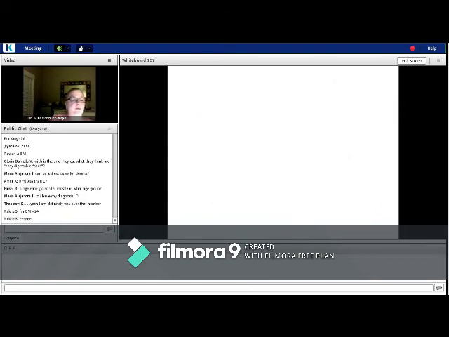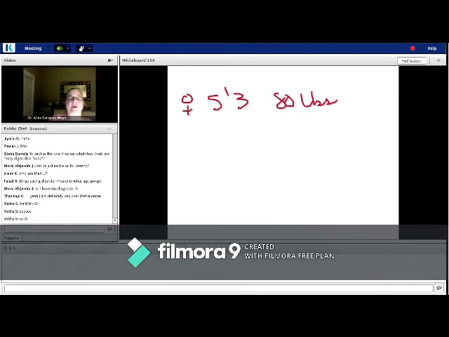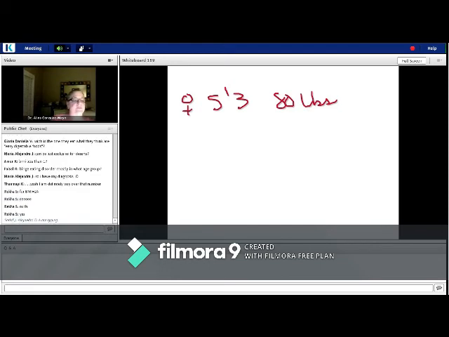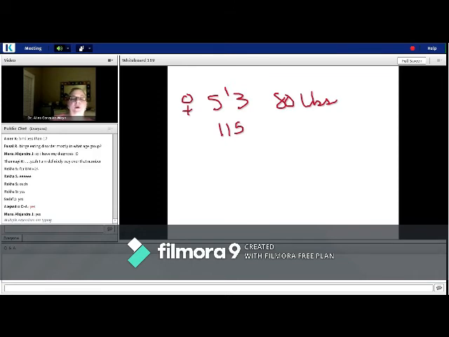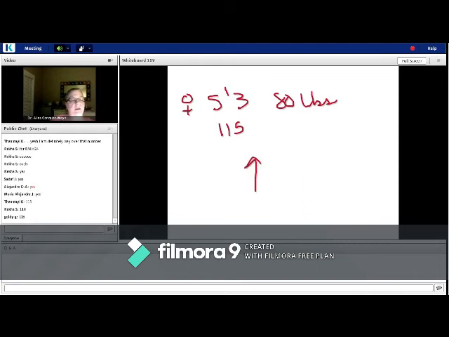For example, if you're a female and you are 5'3" and you weigh 80 pounds, is that a weight for anorexia? Yes, because how much should you weigh? You should weigh 115. So that means that you are over that 15 to 20% mark. Okay? Does this make sense to everybody?